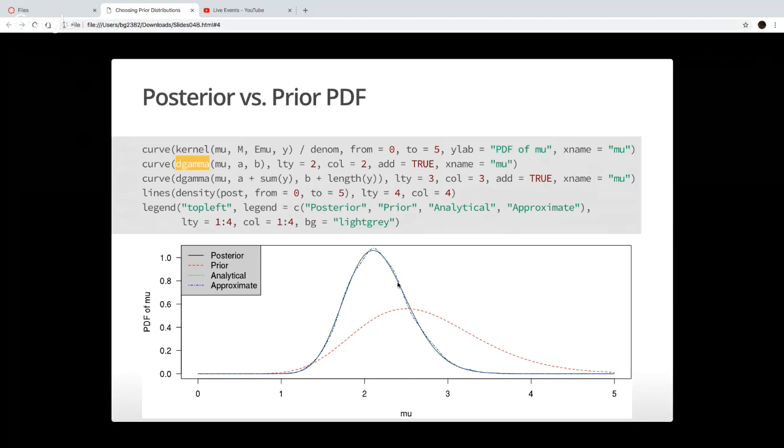But the way in which they're reallocated over our parameter space when we condition on data changes depending on what the values of the data are, which is why Kruschke describes the process of Bayesian inference as reallocation of credibility across possibilities. Possibilities are all positive real numbers in this case, but we've reallocated from something that's characterized by the red curve to something that's characterized by one of the other curves when we condition on observed data.